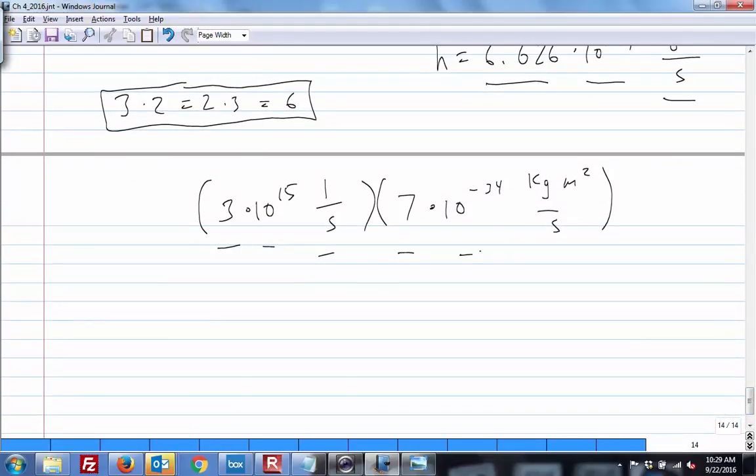So 3 times 7 is 21. Let's see how good my arithmetic is. Negative 34 plus 15. Well, if that were negative 35, it would be negative 25, but it's negative 19? Okay. Times 10 to the negative 19th times 1 kilogram meters squared over seconds squared.